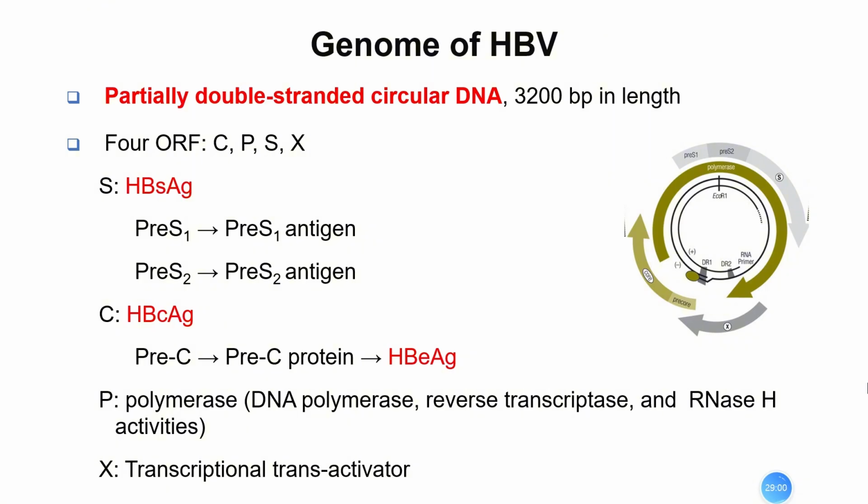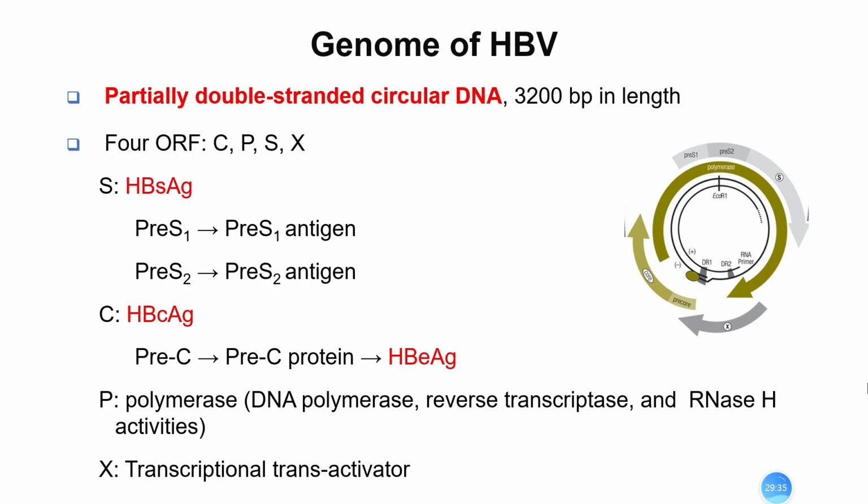This C antigen can be further processed to make the E antigen. So both C and E antigens are encoded in the same open reading frame. If you detect the presence of C antigen or E antigen, it means that the virus is replicating. So there is active replication of HBV.